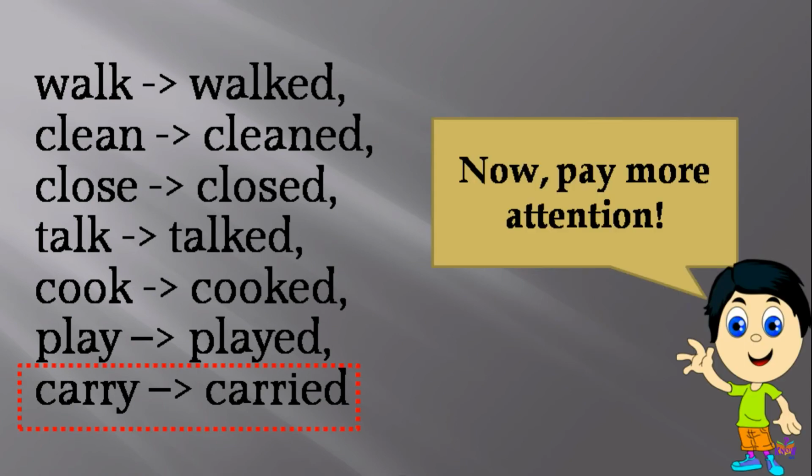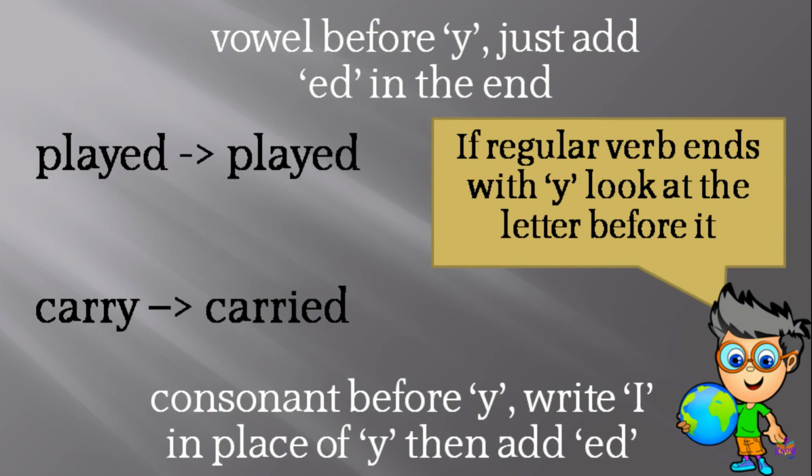If a regular verb ends with y, look at the letter before y. If there is a vowel before y, we just add ed at the end. If there is a consonant before y, we turn y to i, then we add ed, like carry to carried.